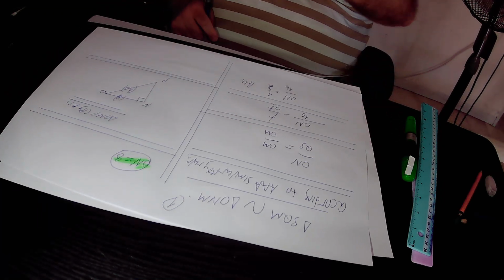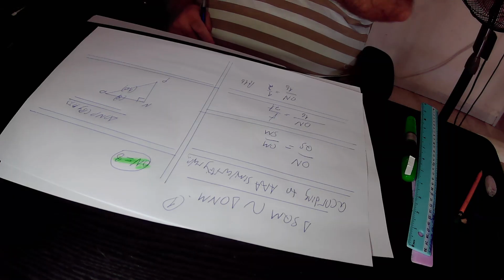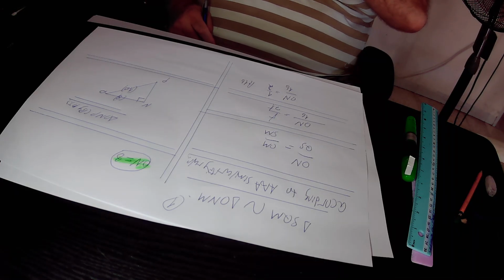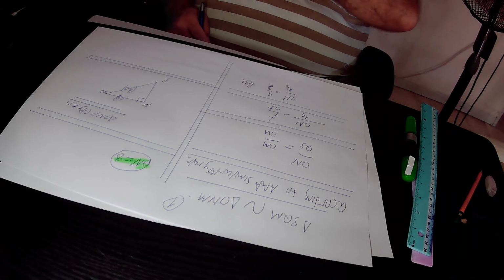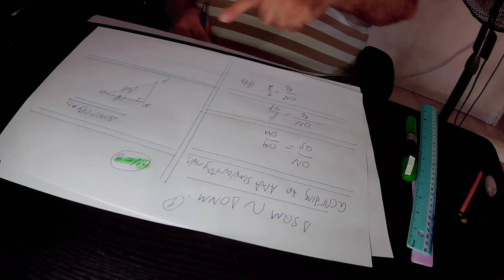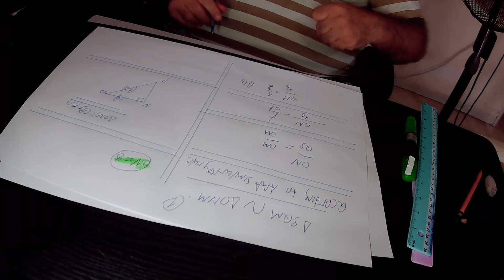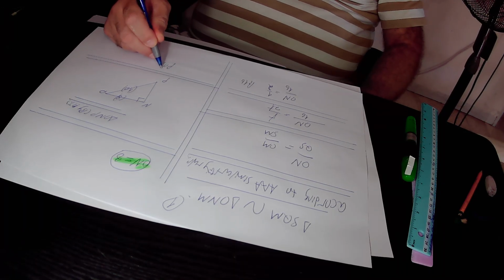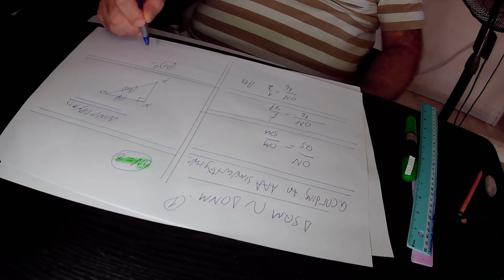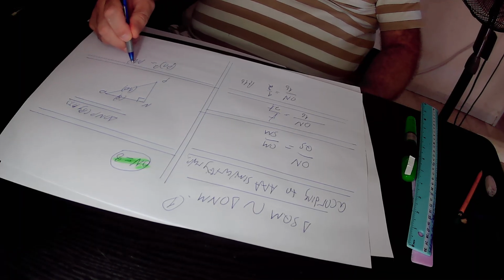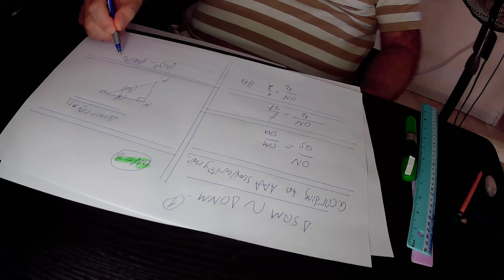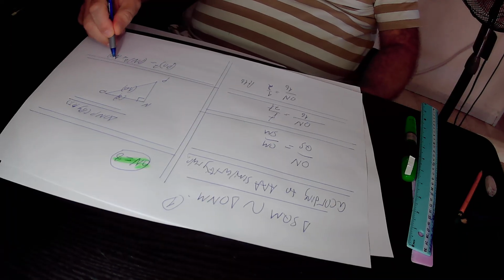So actually, this is the green small right triangle ONP that I copied from the original diagram. For this small right triangle ONP, according to the Pythagoras theorem, PO squared, that is the square of the hypotenuse, is equal to PN squared plus NO squared.